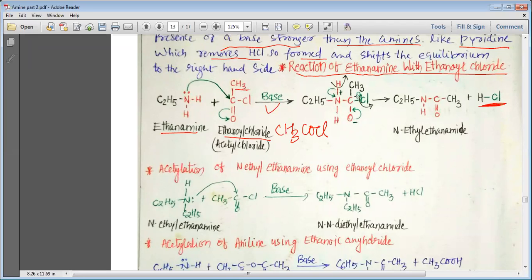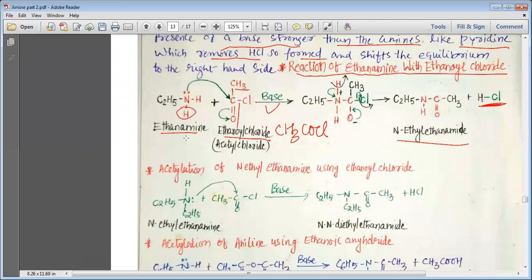This bond formed here makes the acyl group of ethanoyl chloride or acetyl chloride bonded with the amine, and thus the chlorine removes itself from this molecule, then the hydrogen from the amine also removes itself from the molecule, and finally we get the product of the acylation.